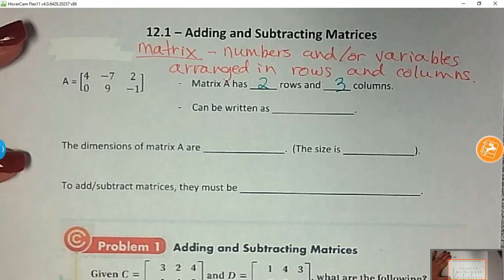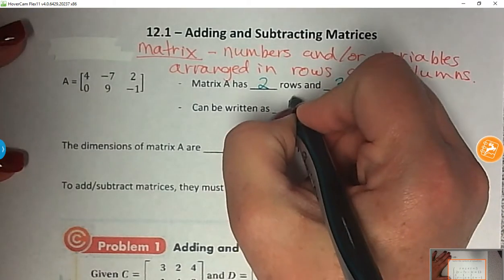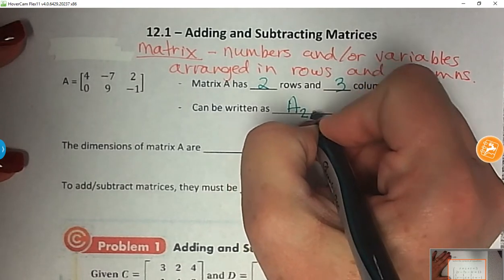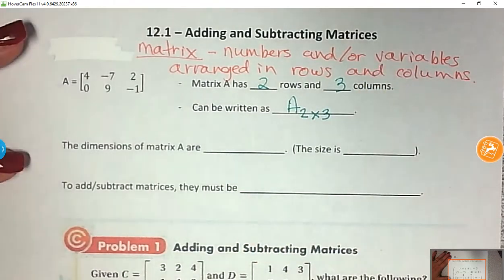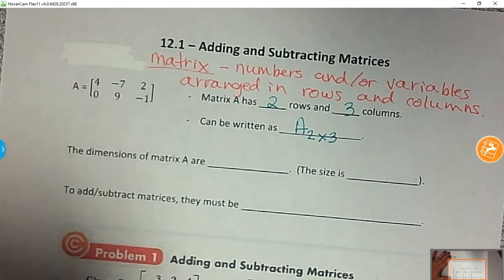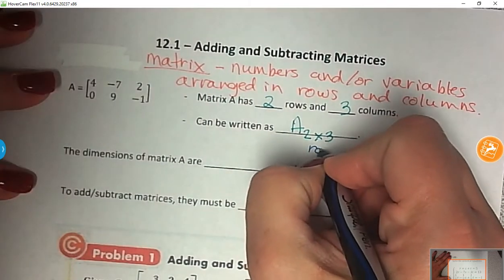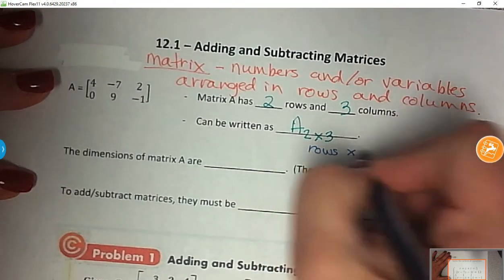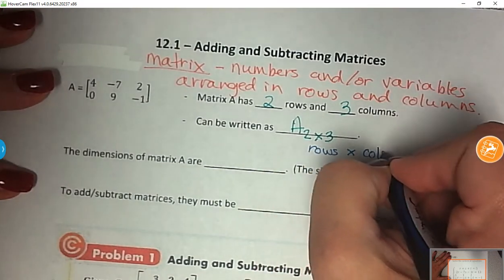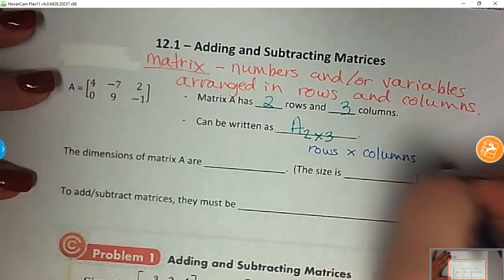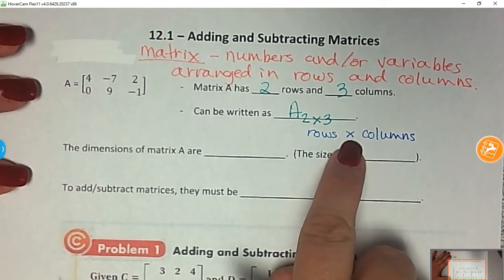The way you write this is it is written as A, and then as a subscript, you have 2 by 3. You always put the rows first by the number of columns. Okay, this is not a multiplication symbol.